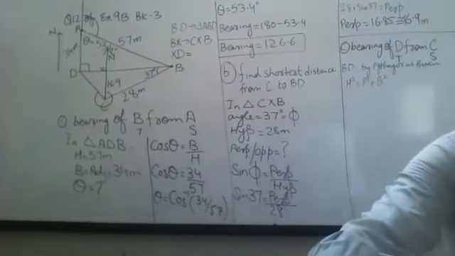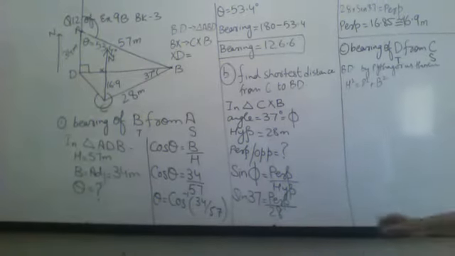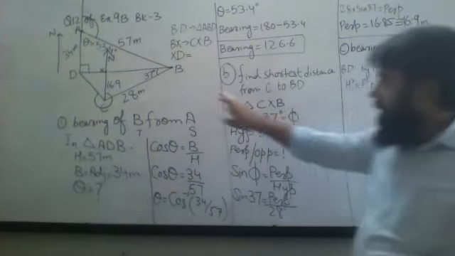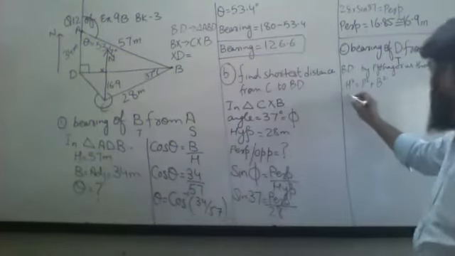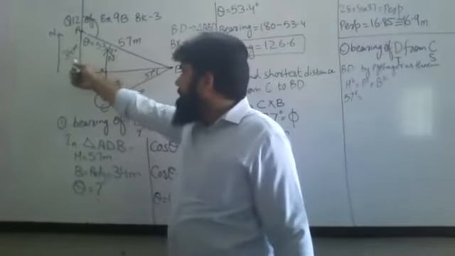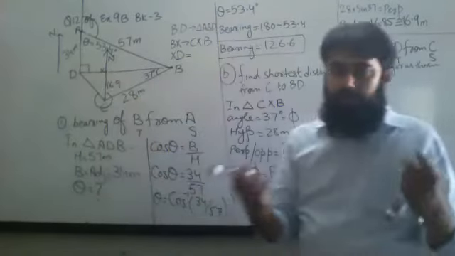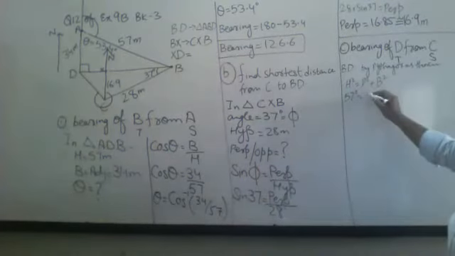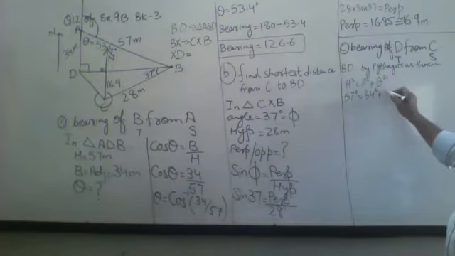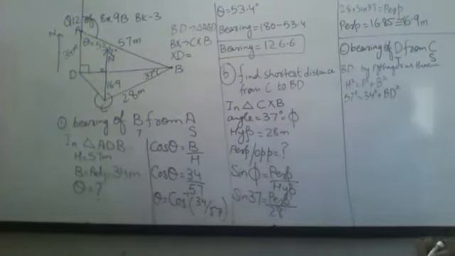In this one, the hypotenuse square is 57 square. You can take this one as perpendicular or this one as perpendicular; that's totally your choice. So the perpendicular is 34 square and the base is BD, which is missing.